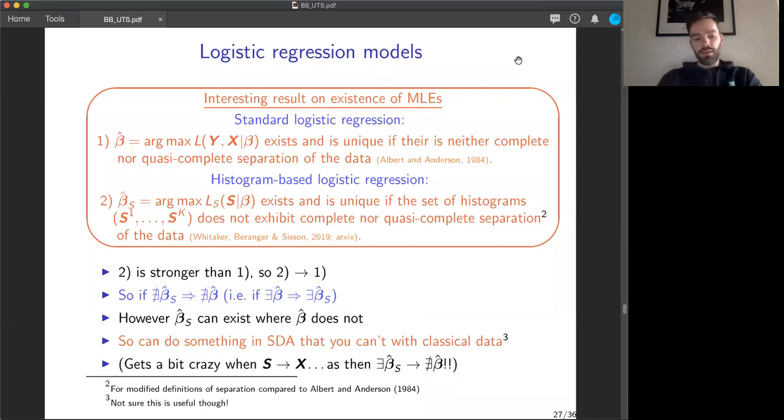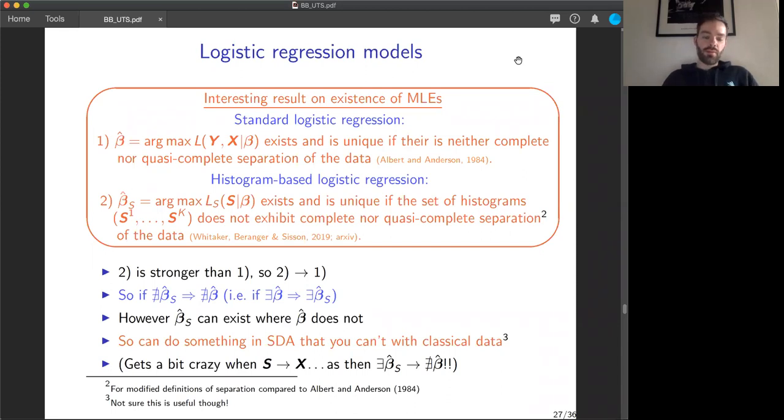So there are some interesting things happening here: if my symbolic maximum likelihood estimator does not exist, that means the classical one does not exist either. And you can do the reverse: if the classical one exists, then the symbolic one exists.